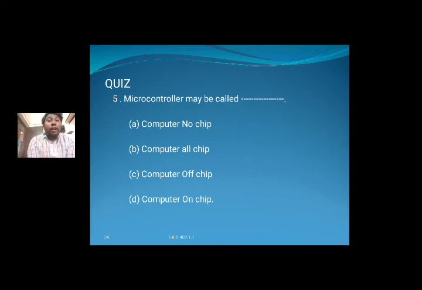Option D, computer on chip. The microcontroller may be called computer on chip. That means the integrated circuitry of the microcontroller is the on chip computer. All are inbuilt in a single chip. That's why the microcontroller may be also called as computer on chip.